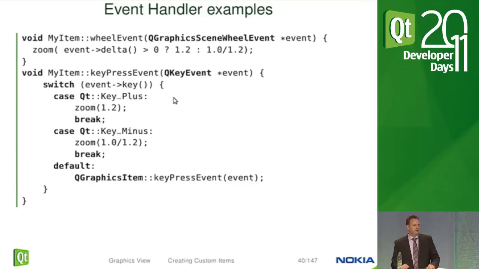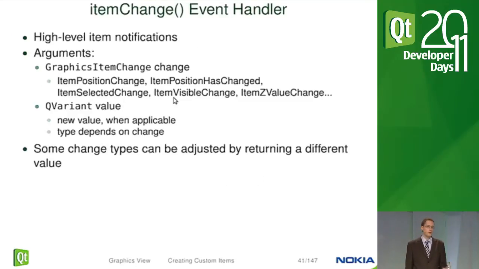You would zoom on the whole view, so it would be your QGraphicsView class that had this implemented. But if you had a use case where you wanted to zoom on individual items, that is how you would do it. Nearly exactly the same code works on the QGraphicsView as well. If you want to implement real zoom there, the only difference is that you don't get a graphics scene wheel event, but the real QWheelEvent because you're working on a widget.